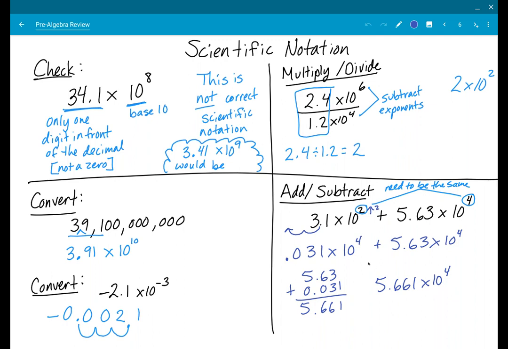Now that both numbers have the same exponent, we can add the coefficients, and when we're adding, we already determined the magnitude. The magnitude is the times 10 to the 4th. So we just take our addition problem and you just copy down the times 10 to the 4th.